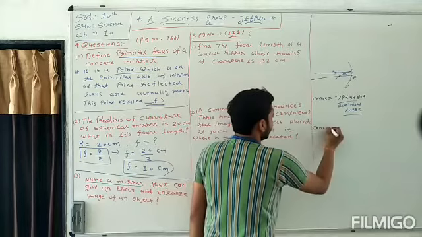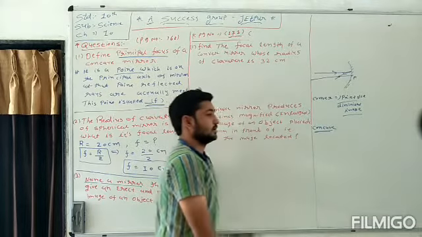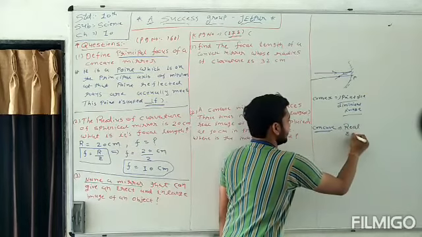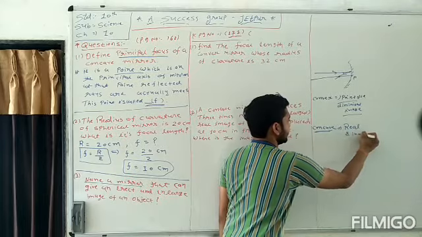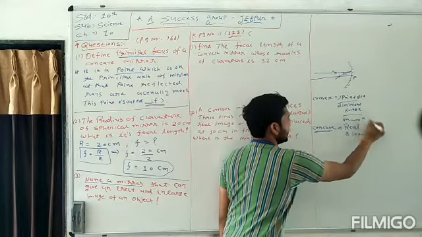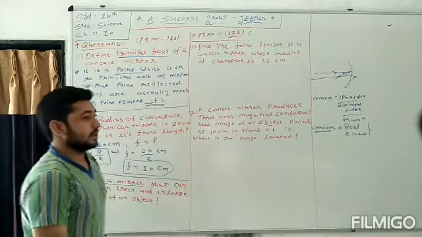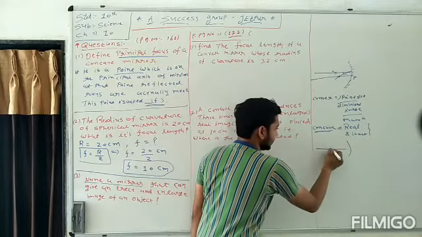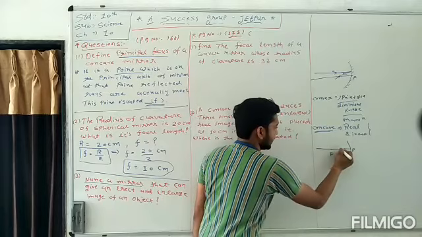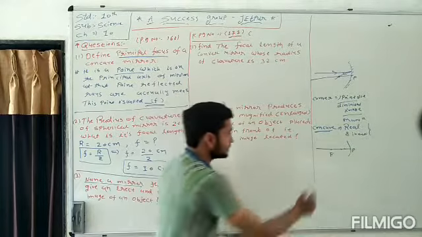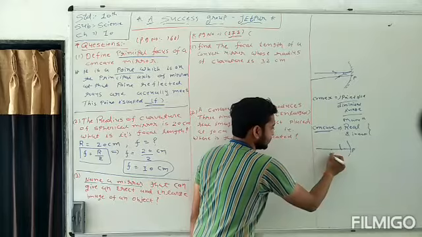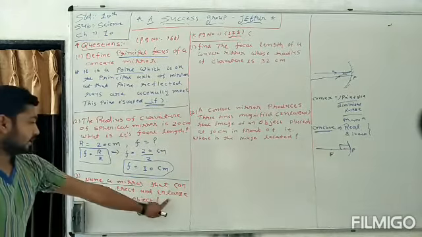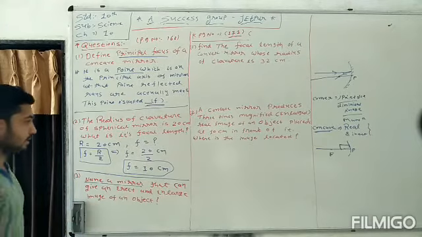But concave mirror gives in many cases real and inverted image, but there is one case. If we place our object between F and P, that is between principal focus and pole, that time we can get enlarged and direct image.